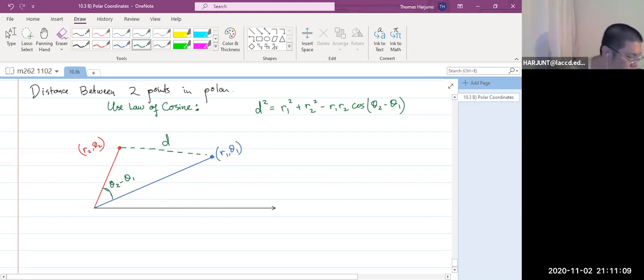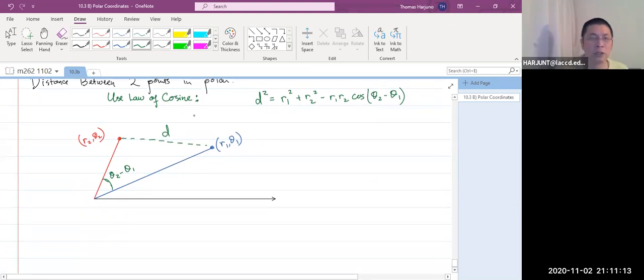So suppose, for example, we have question number 13. Find the distance between 2 comma pi over 3 in polar and 4 comma 2 pi over 3 in polar.